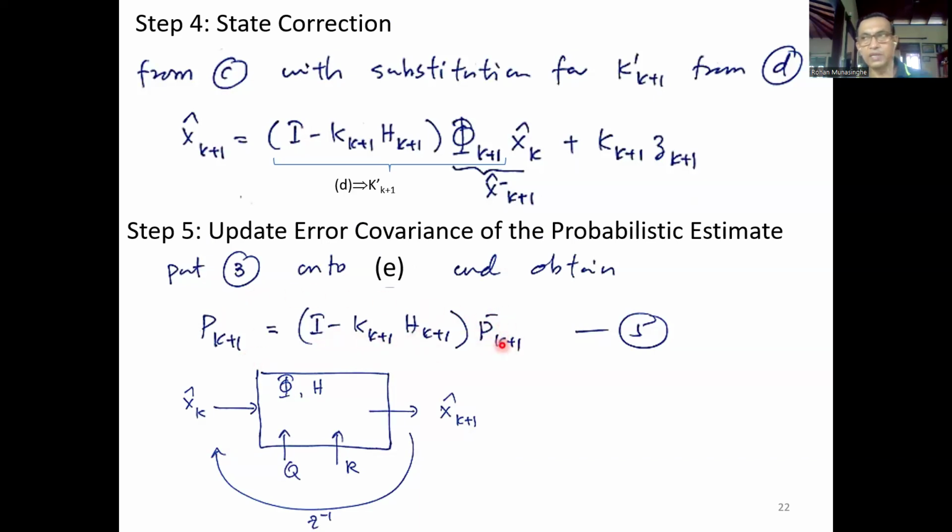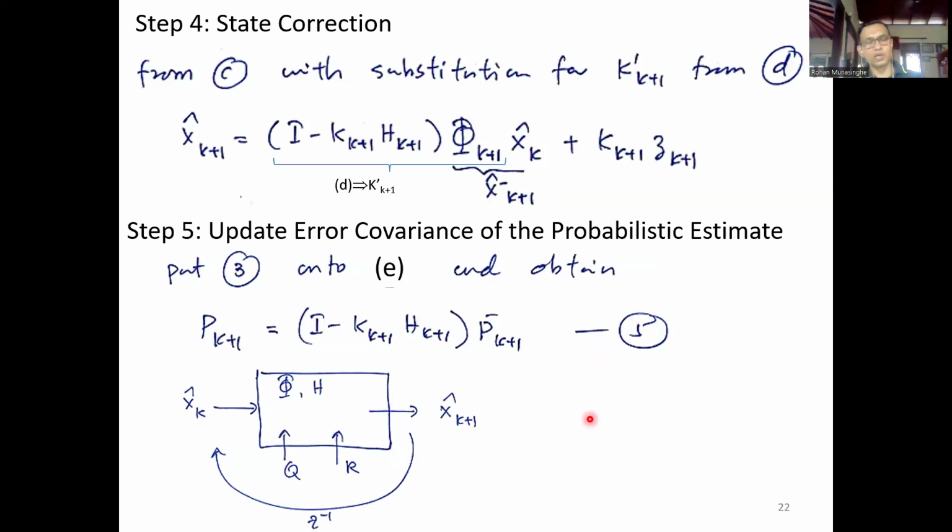So the predicted error covariance is on the right-hand side, and you multiply it with this one; the result is the corrected error covariance at time k plus 1. So that's equation number 5 in the Kalman filter, the last equation.